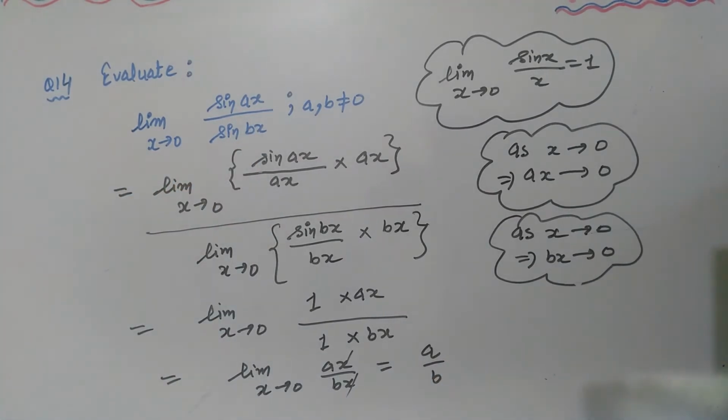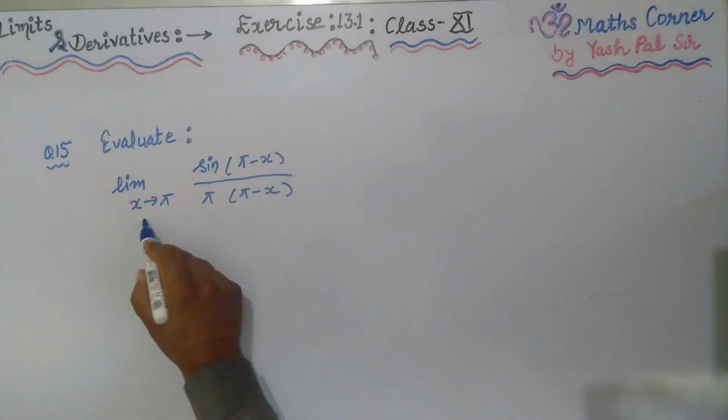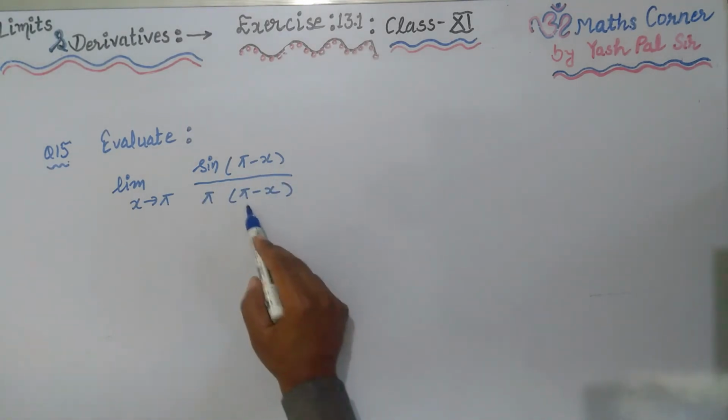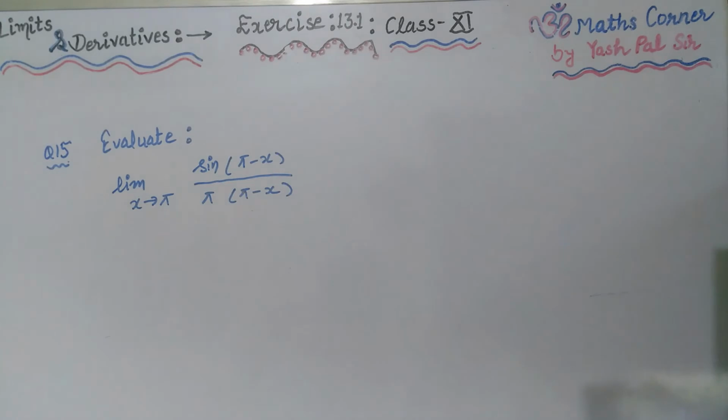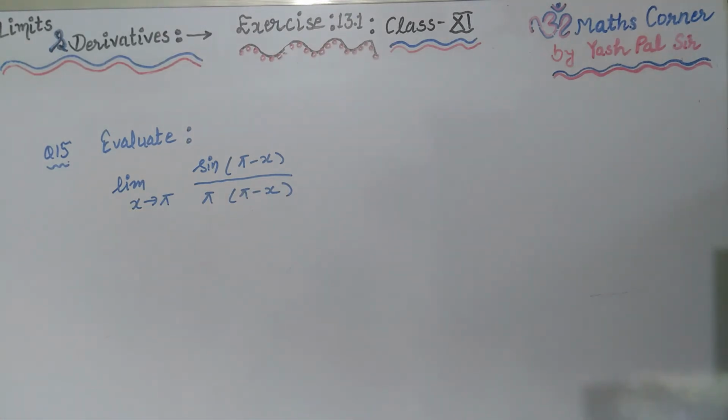Now next question. Question number 15. Evaluate the limit x approaches pi of sin of (pi minus x) divided by pi into (pi minus x). So what to do now? In previous questions we have seen that x approaches 0 was the limit.